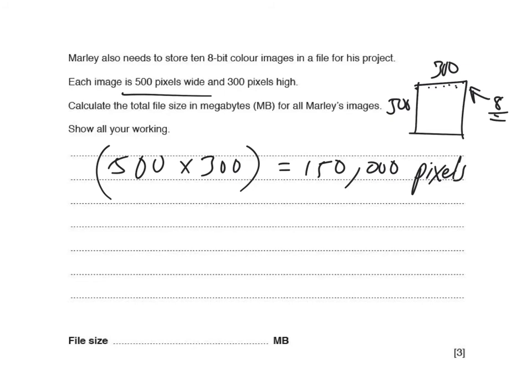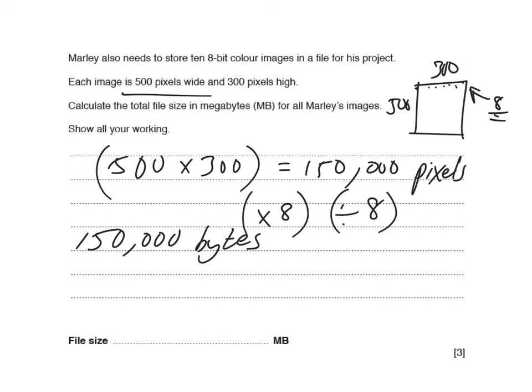Now you could waste time multiplying it by 8, but then we're immediately going to divide by 8, so those just cancel one another out to give us 150,000 bytes.